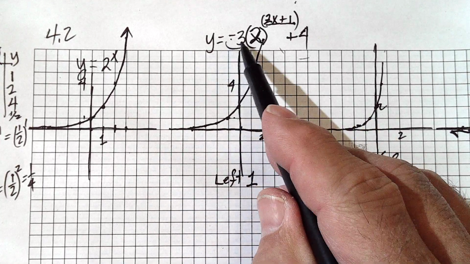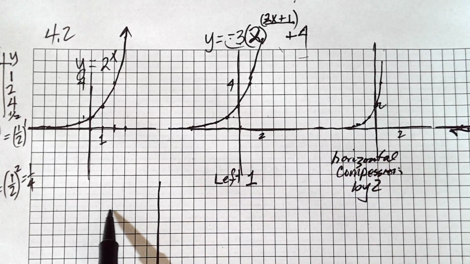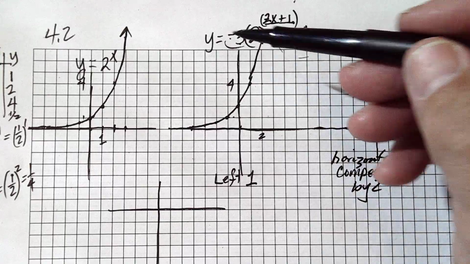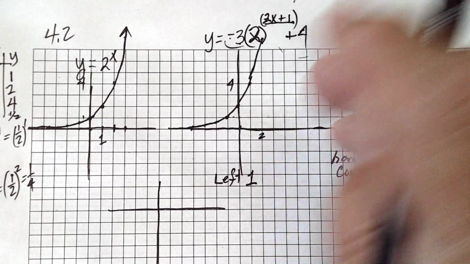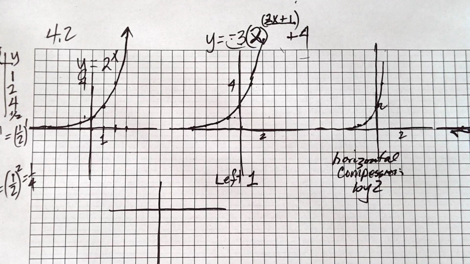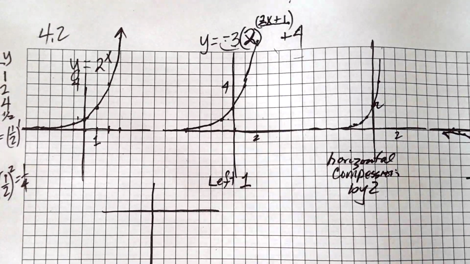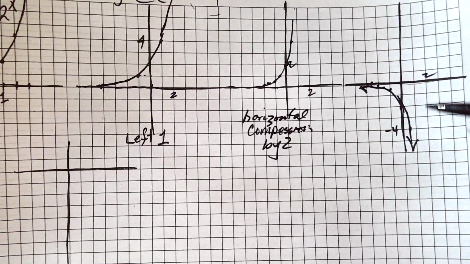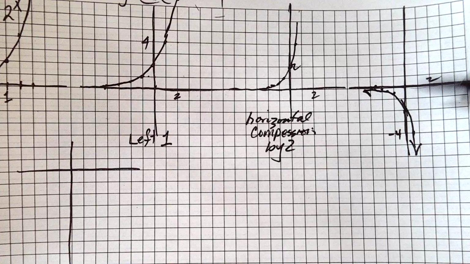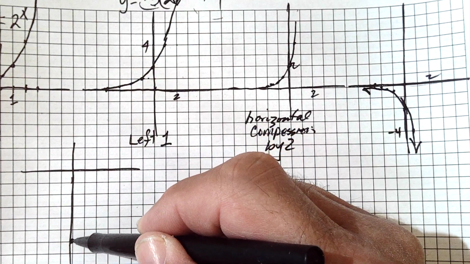I've done the negative. I need to do the 3. It looks like it would stretch it, and that's what it does. From the x-axis, it goes 3 times as far. At 0, it was down 2, so now it's down 3 times as far: 2, 4, 6.